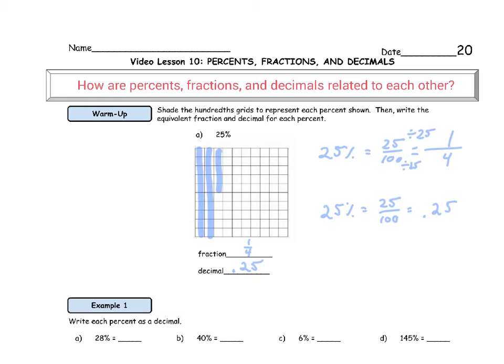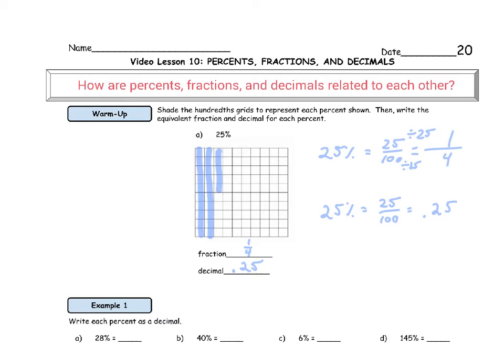Now, you're going to start to see a relationship between a percent and the decimal, and of course the fraction. You might want to start asking yourself, when it comes to percents, where is the decimal in 25%? You can't see it, but there's a decimal there. And when you convert the percent to a decimal, where does the decimal end up? So you might want to look into that pattern.